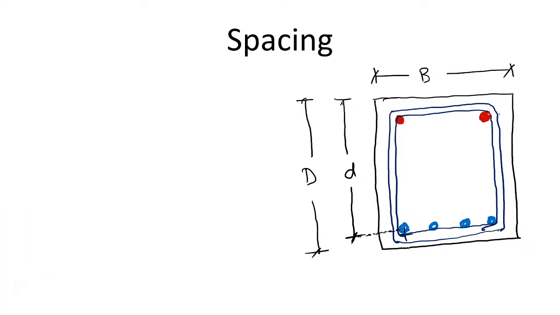From the center of this reinforcement, let's say it is the value. From center to center distance of the extreme bar. Okay, so it is actually how much? This is known as your B1.